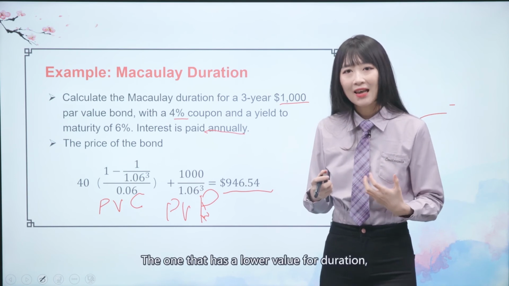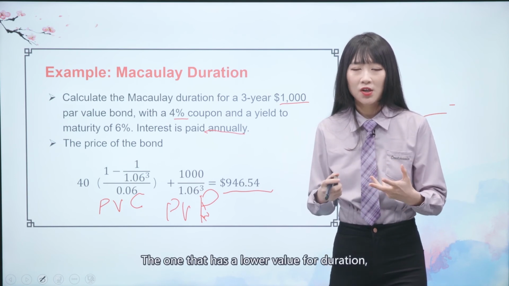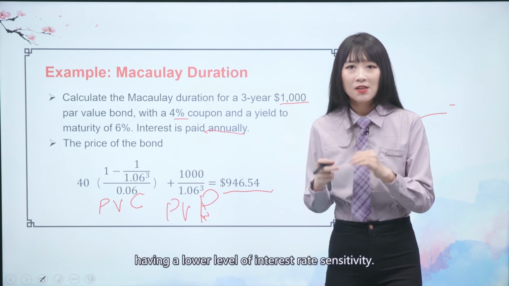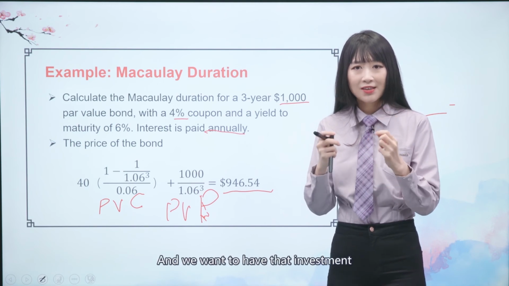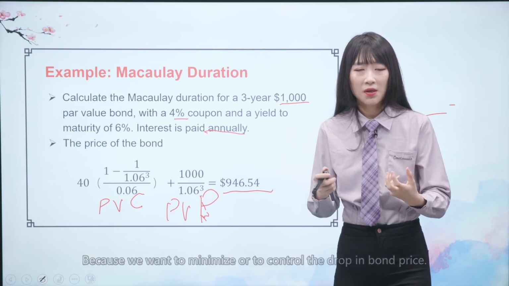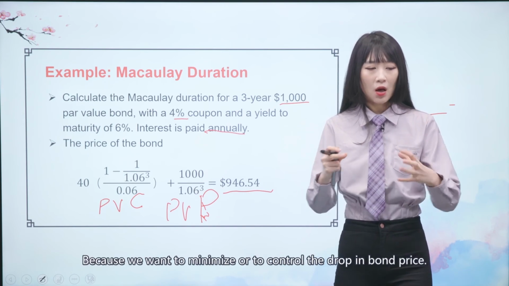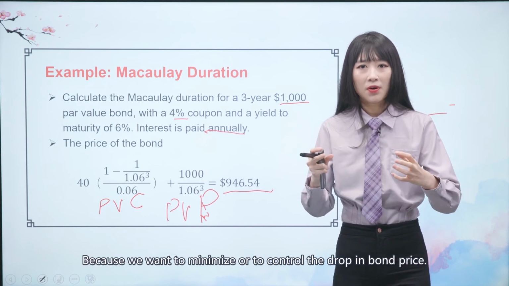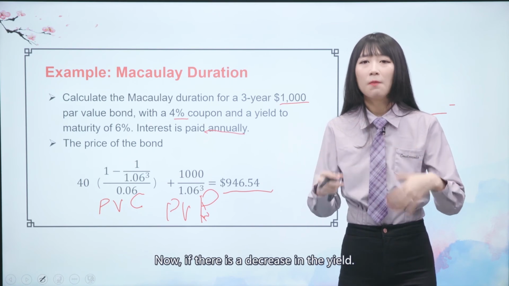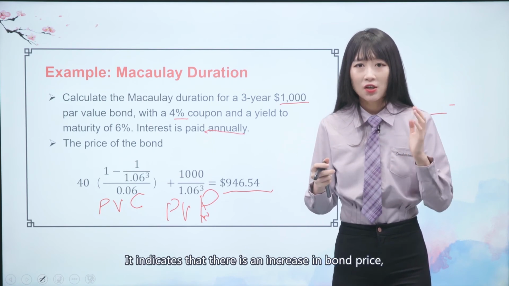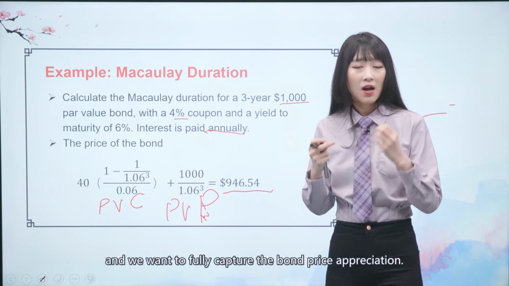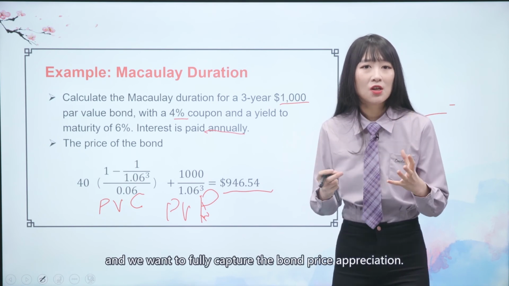The one that has a lower value for duration has a lower level of interest rate sensitivity. And we want to have that investment when there is an increase in interest yield, because we want to minimize or control the drop in bond price. If there is a decrease in the yield, it indicates that there is an increase in bond price, and we want to fully capture the bond price appreciation.